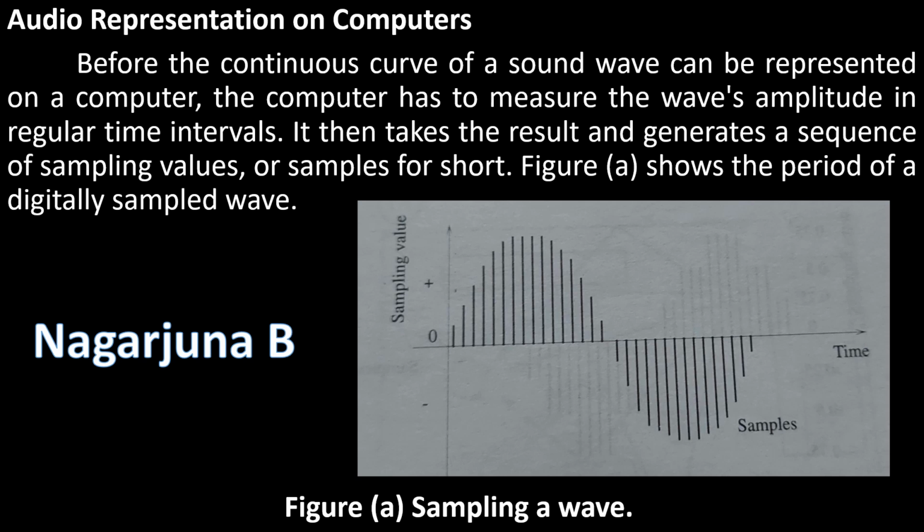So this diagram indicates the wave's amplitude at regular time intervals, and these are the sampling values. It is also called samples. These are the samples of a sound wave which we can represent in a system. This particular diagram shows the period of a digitally sampled wave.